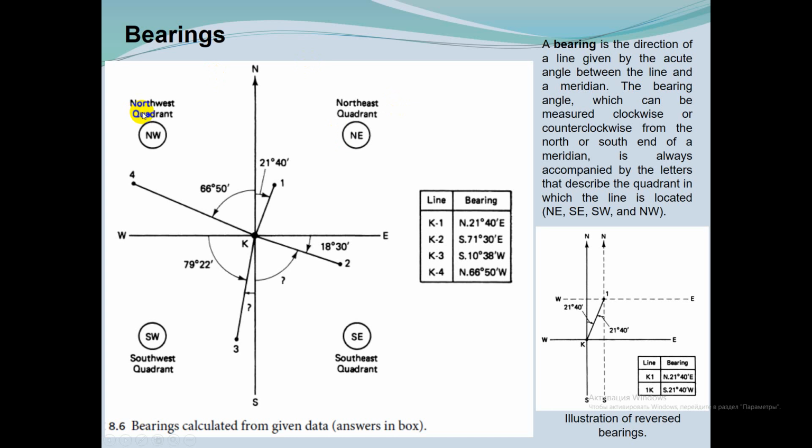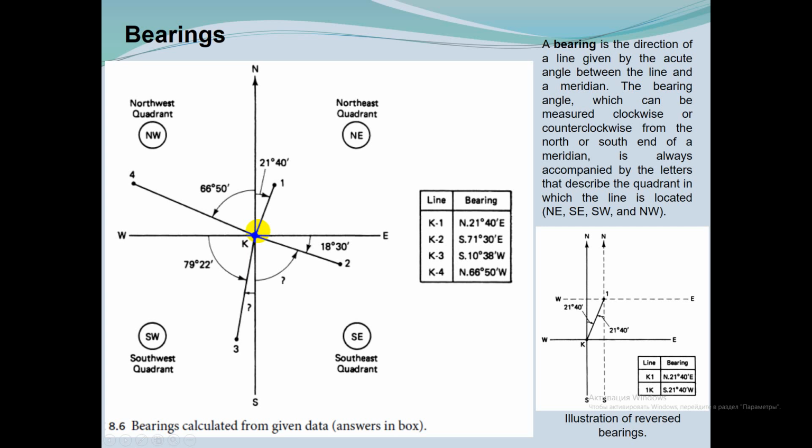Bearing is the direction of a line given by the acute angle between the line and a meridian.